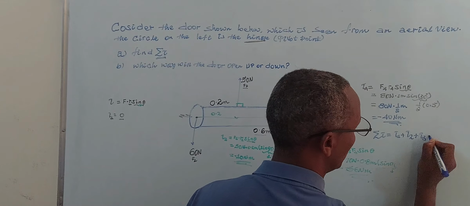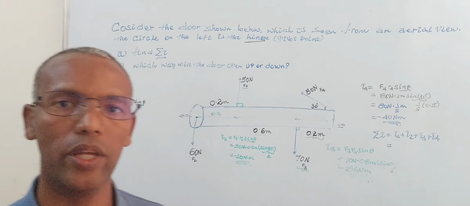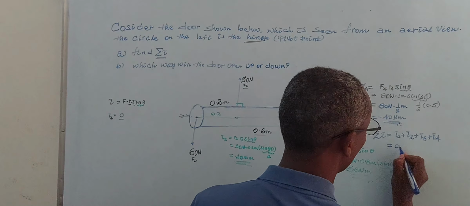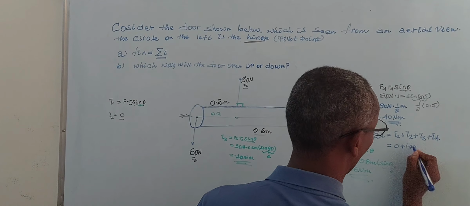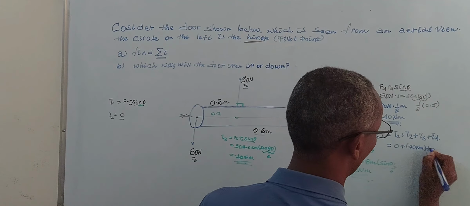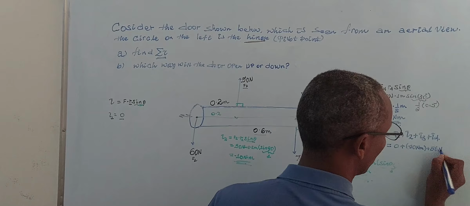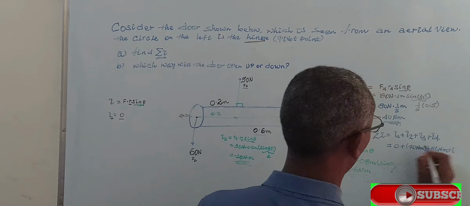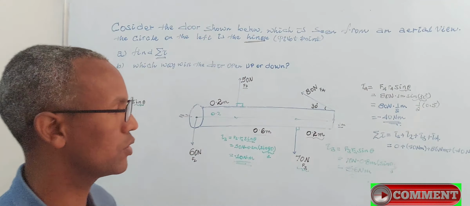Now we can just add all of them: 0 plus negative 10 Newton meter, plus 56 Newton meter, plus negative 40 Newton meter.